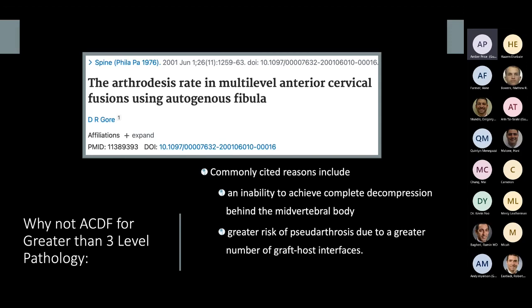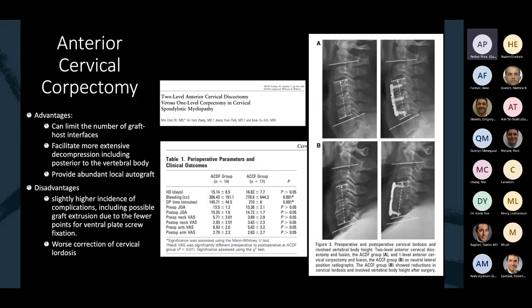So then the answer to that was, well, why don't you just do anterior cervical corpectomy, which can be done. It has multiple advantages, including limiting the number of graft host interfaces, and it can facilitate more extensive decompression to the posterior vertebral body and provide a significant amount of local autograft.